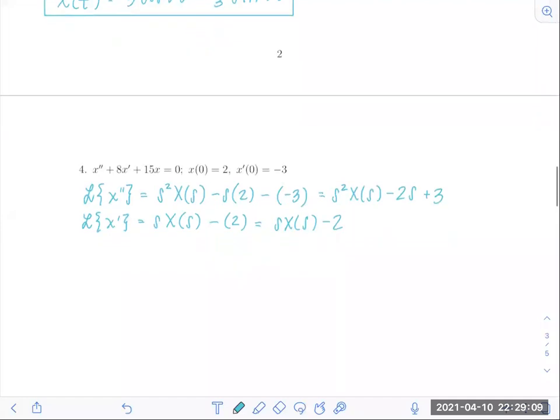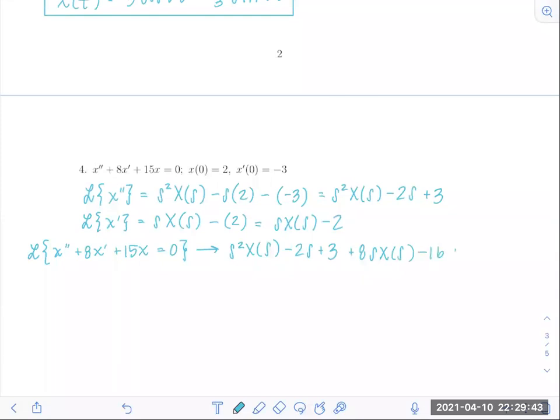All right, so pulling it all together, I'd like to find the Laplace transform of this entire DE: x double prime plus 8x prime plus 15x equals 0. And so that is going to give me s squared X of s minus 2s plus 3. Now I need to add 8 times the Laplace transform of the first derivative. So plus 8s X of s minus 16.